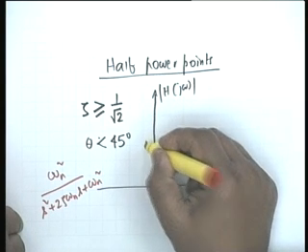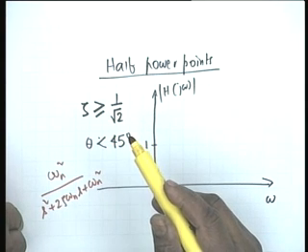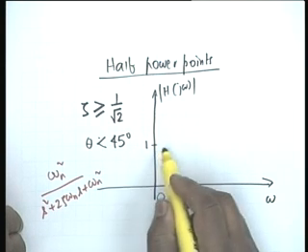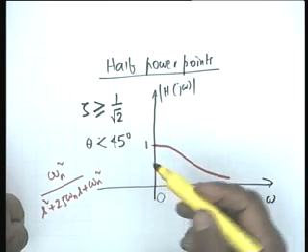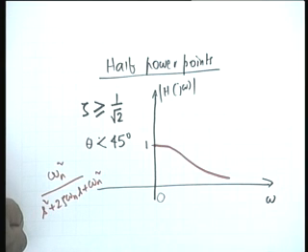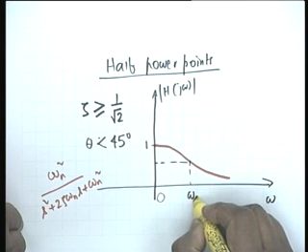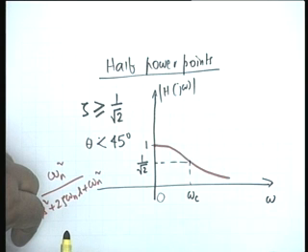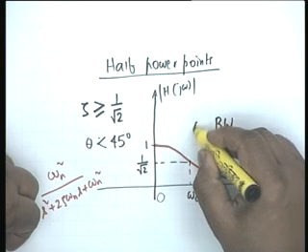So it starts from 1, and then if the damping coefficient is greater than or equal to 1 by root 2, no peaking occurs, and therefore it must be a low pass response like this. Whether zeta equals 1 by root 2 or greater than 1 by root 2, it should always be like this, and therefore all that one can define here is a frequency omega sub c at which the response is 1 by root 2 or 70.7% down, and as you know, omega c is called the bandwidth of this low pass filter.